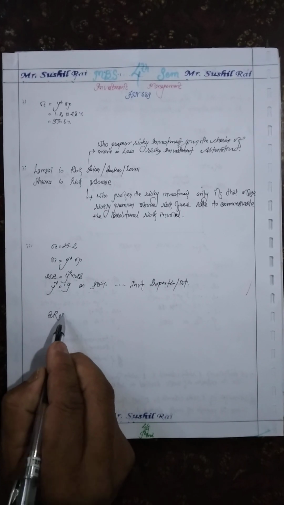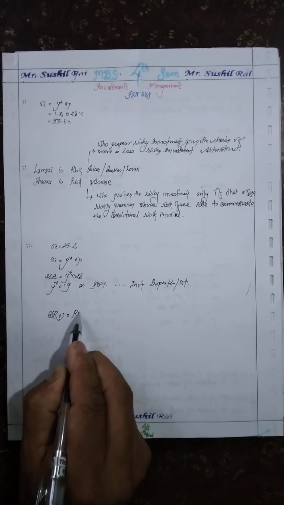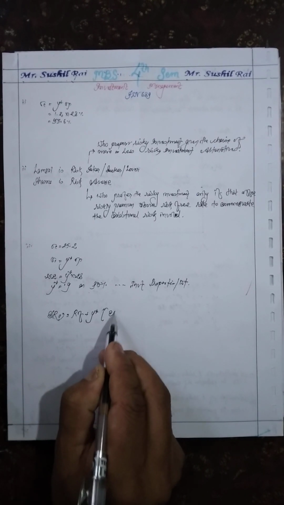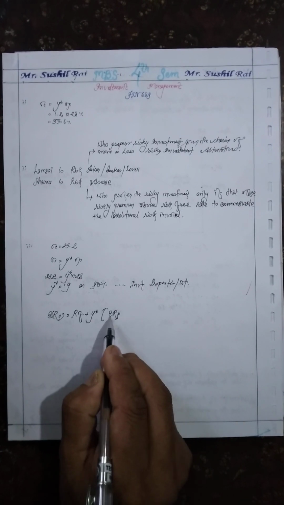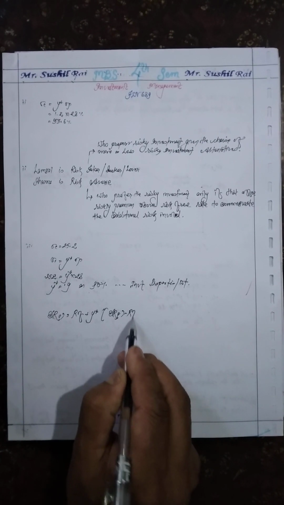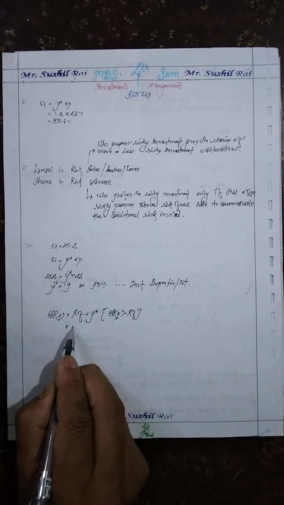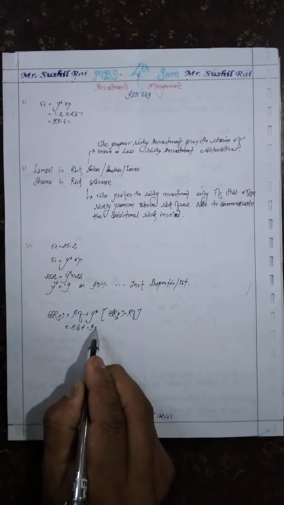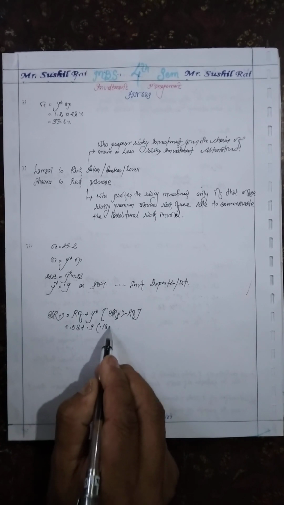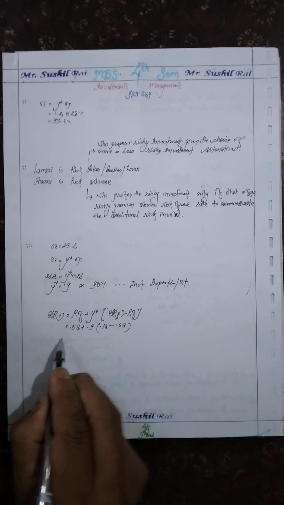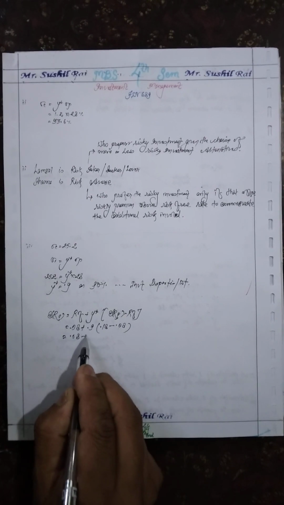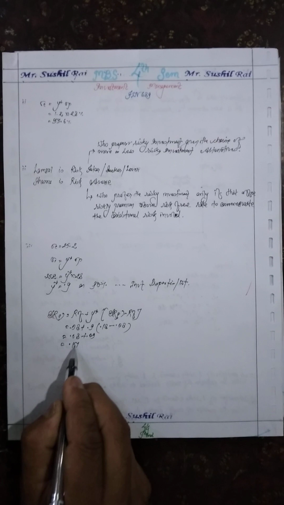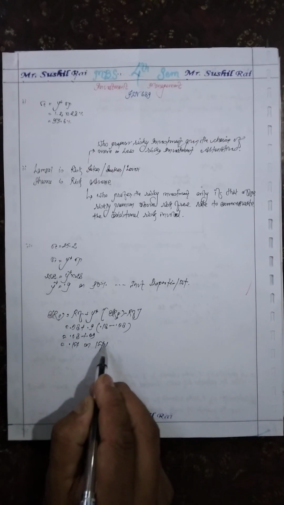ERC is equal to RF plus Y* times (ERP minus RF), 0.18 minus 0.08, is equal to 0.08 plus 0.09, is equal to 0.17 or 17%.